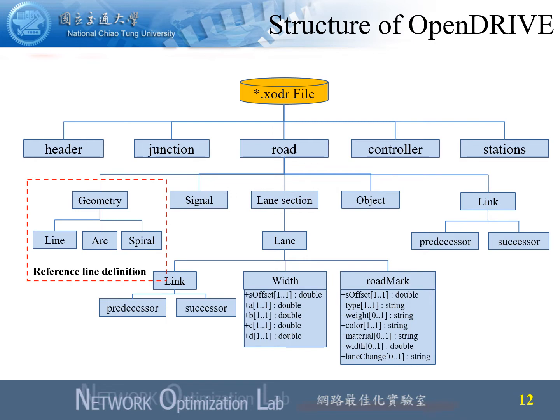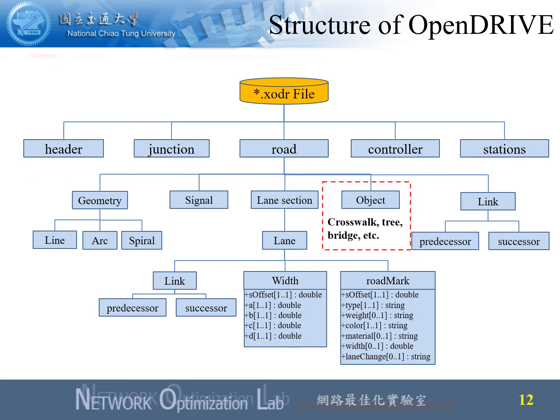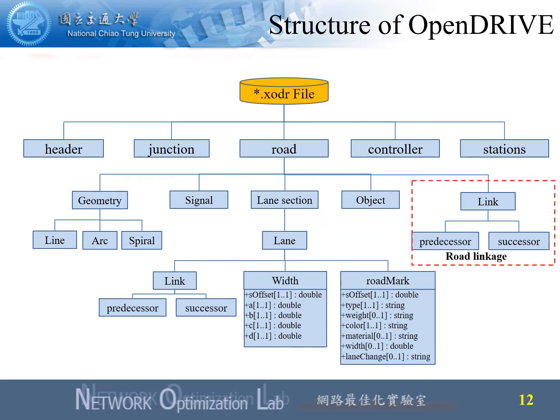Geometry describes the parameters of the reference line of a road, and 3 types of linear equation can be used. Object is the region markings or other objects on the road. Link is used to illustrate the correlation between the roads, and so is lane link.